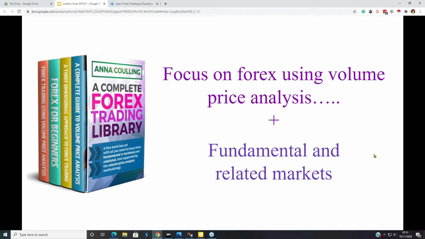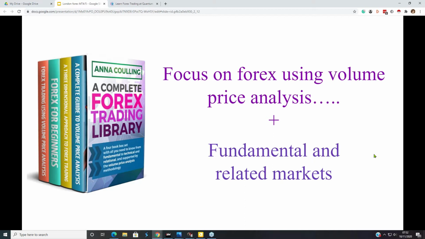That's just the technical analysis side. There's also the fundamental picture, and we also look at what's happening in the related markets. The related markets are obviously the other three capital markets, which are the bonds, the commodities, and particularly at the moment, what is happening with equities. When we talk about the indices, sometimes people get a bit confused.